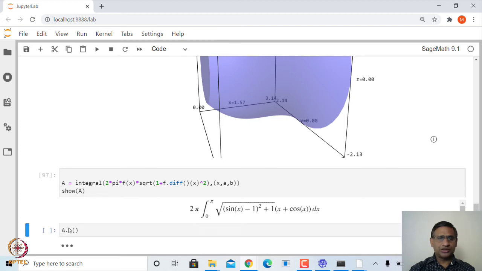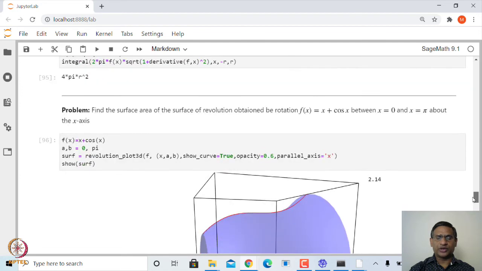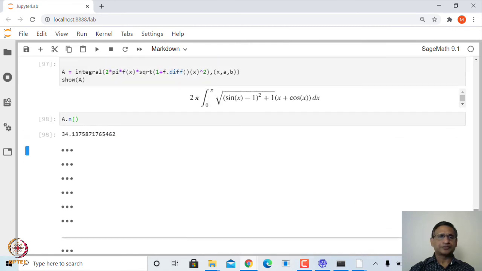You may need to compute its numerical value, because it is just giving you the output as the integral which we have entered. So, if you are unable to find the integral in closed form, you may use dot n, or you use numerical integral for arc length and surface area, etc.